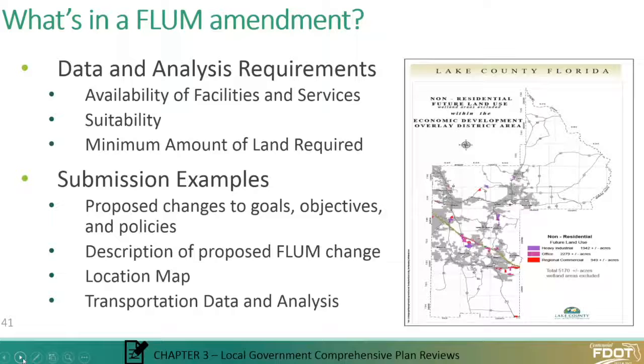The future land use map shows what's called future land use designations or categories, and those are the land uses that are projected to guide development within a jurisdiction. So a text amendment, in terms of submission examples, could be revising that designation to add a new activity to it, to change the density of it, change the intensity of it.